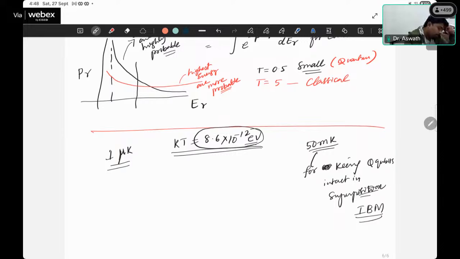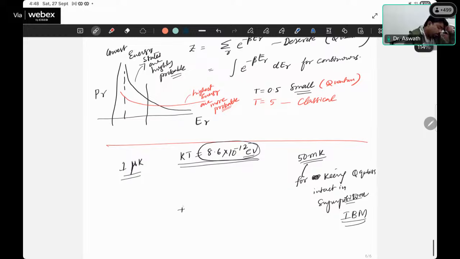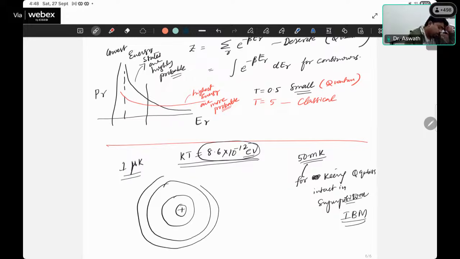Let's say we take a nucleus: ground state, excited state, the next excited state. We take a snapshot of it and plot it here. There is a ground state, an excited state, and a next excited state. Let's say the electron is here.